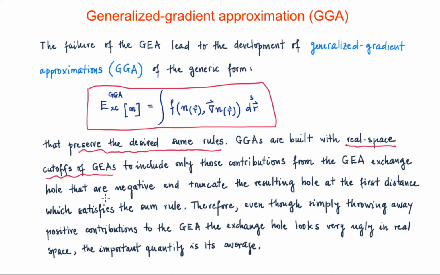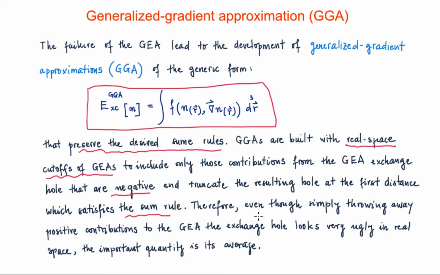So just the contributions of the GEA holes that are negative, and truncate the resulting hole at the first distance which satisfies the sum rule. So they truncate at the distance where it already satisfies the sum rule and make it 0 from that cutoff value on.